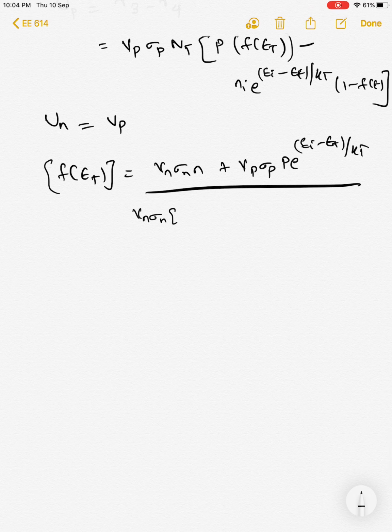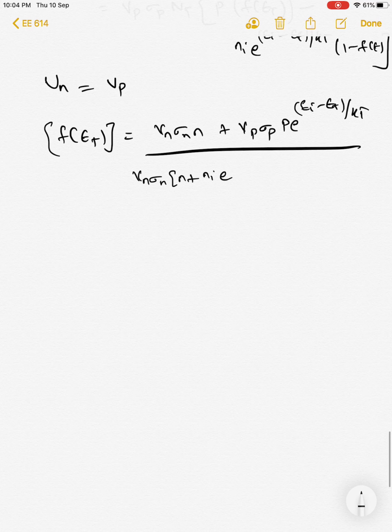Vn sigma n plus, you don't have to bother very much about these, because these expressions will be given in the notes, of course. These are long expressions, I might make some mistake, plus I'm just writing it down so that it will be useful for our discussions.